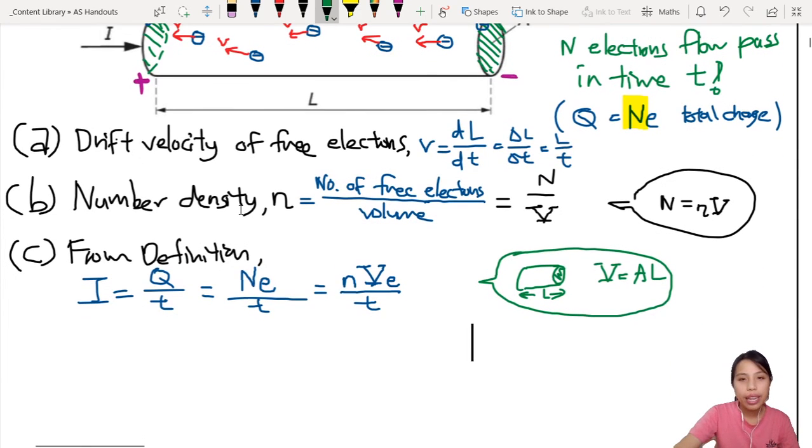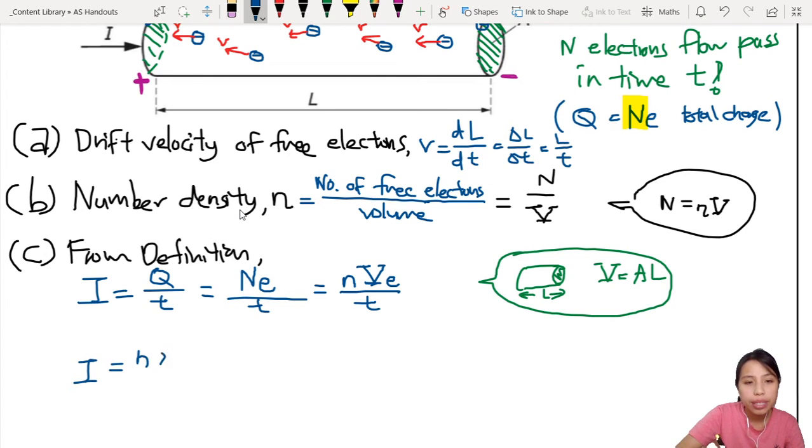Okay, next step. Let's break down the volume. Volume is A, the cross-section area, times L, times each charge. We're almost there, hang in there. Now this looks very familiar.